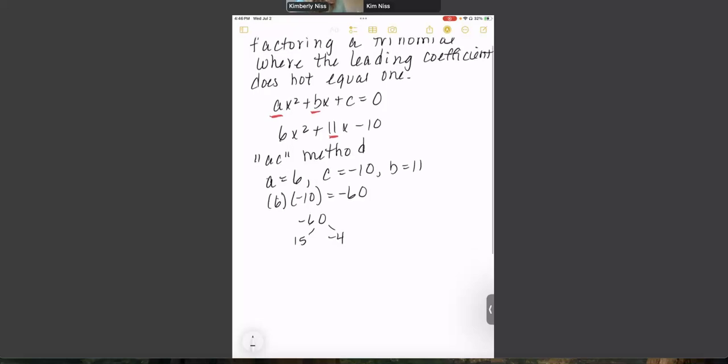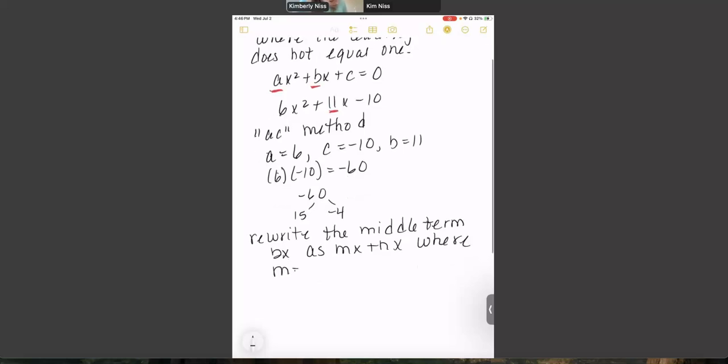Now what we want to do using the AC method is rewrite the middle term that is currently bx as mx plus nx, where m equals 15 and n equals negative 4.